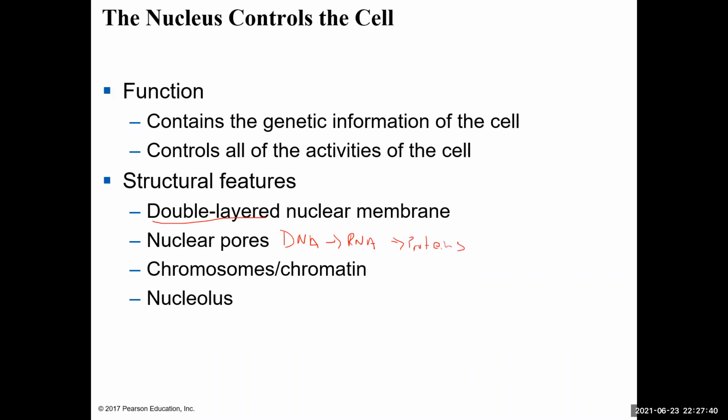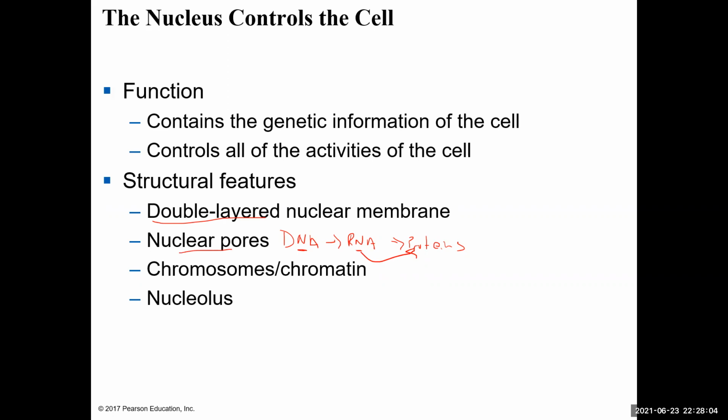Well, DNA is in the nucleus, right? And RNA, if it's made from DNA, is in the nucleus, and somehow it has to get out of the nucleus in order to interact with the ribosomes so that it can be made into proteins. And the way that the RNA leaves the nucleus is through these nuclear pores.